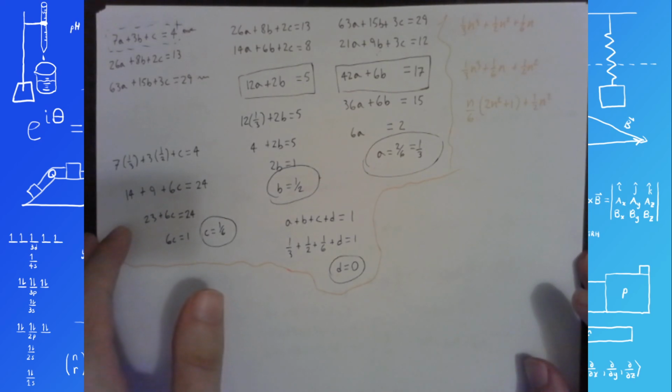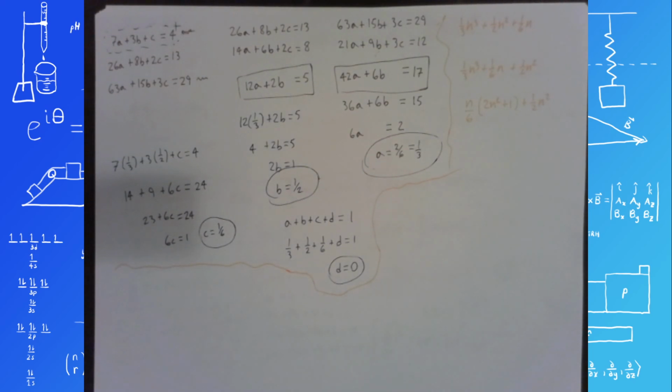Well, the 2n squared plus 1 does look familiar. So I think I'm on the right track here. And then, what do I want to do with this now?